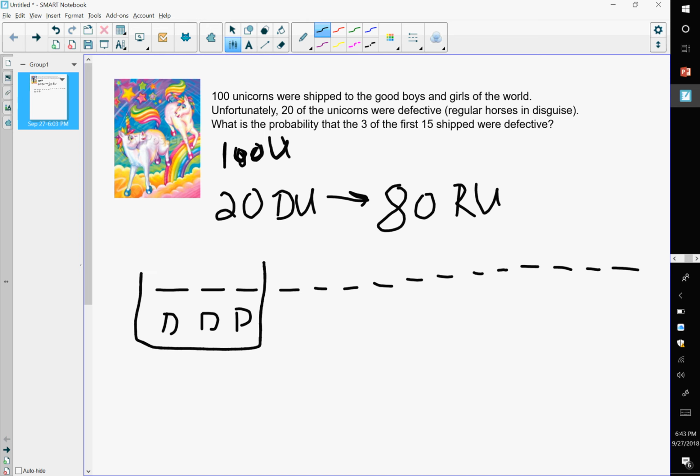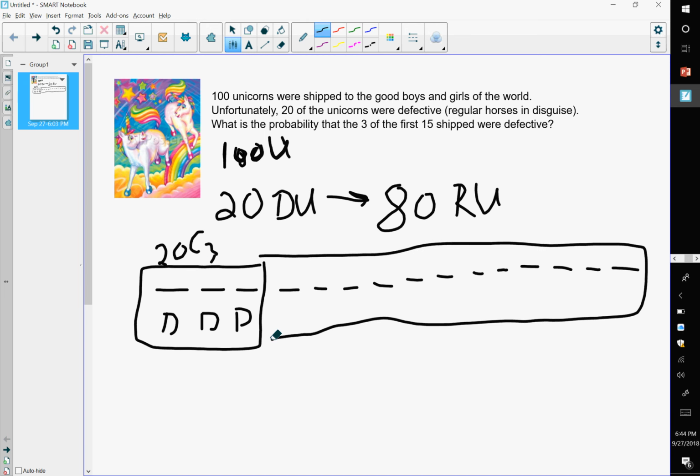So we are trying to figure out how many ways we can choose 3 defective unicorns of the 20, and we're going to choose the rest of the order to be 80 choose 12, because we are sending 15 unicorns and we think that 3 of them are defective, which means the rest of the unicorns will be 12. 12 of the 15 will be regular unicorns.